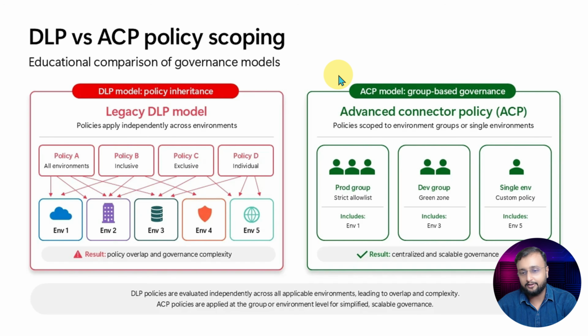You can group your different environments and apply a specific set of policies to a specific group. A detailed video will be coming soon once we go through the latest announcements. So this is something you can keep an eye on, those ACP policies.